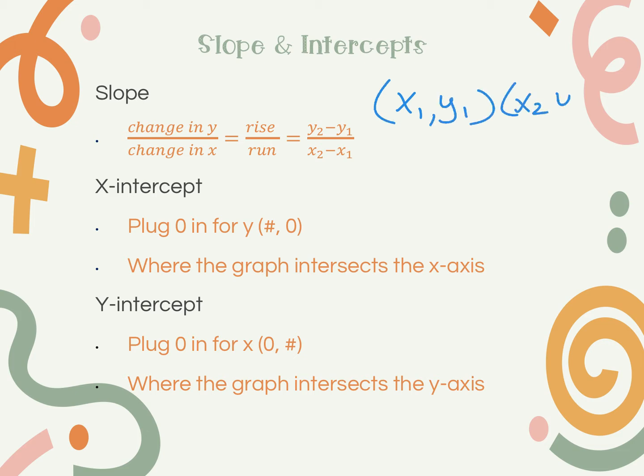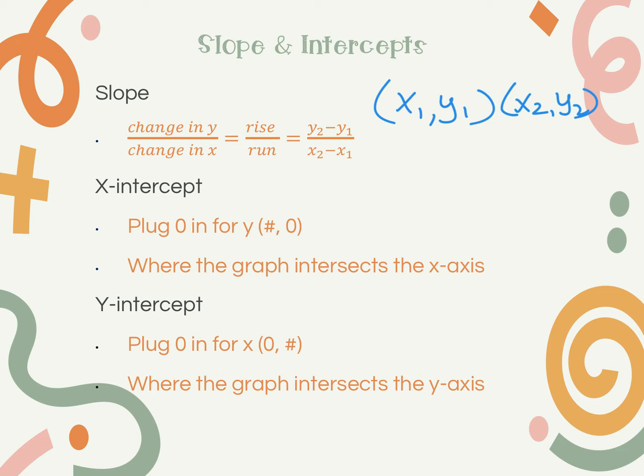And again, think of these little numbers at the bottom as labels. X1, Y1 is like ordered pair number 1. X2, Y2 is like ordered pair number 2. And you just plug it into the formula. The biggest mistake I see with students doing slope is they forget to put the y on top. So just remember, the y's go on top, x's go on the bottom.